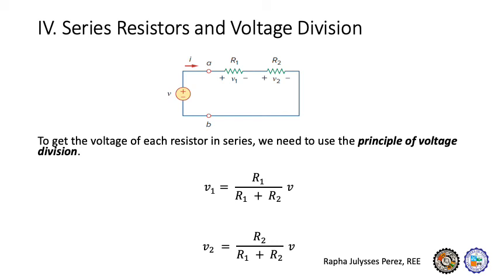Borrowing from Ohm's law, where V is equal to current times resistance, voltage V is directly proportional to the value of resistance R when current I is constant. We need to remember that current is the same throughout because this is a series circuit. Hence, the larger the resistance, the larger also is the voltage across it because they are directly proportional.